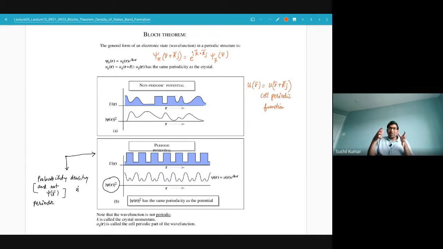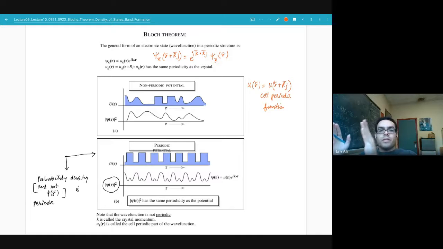But the magnitude also changes in between. Look at this diagram. The wave function here is different, here is different, and then at the next lattice site, the magnitude becomes the same again. So there is periodicity in the magnitude with the lattice constant, but the phase factor keeps changing.